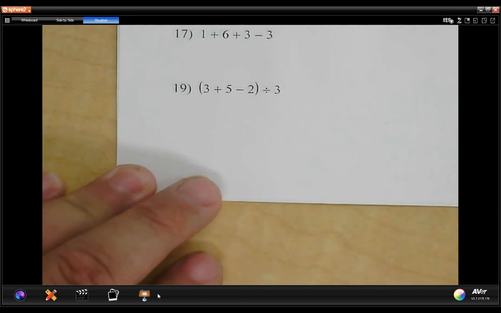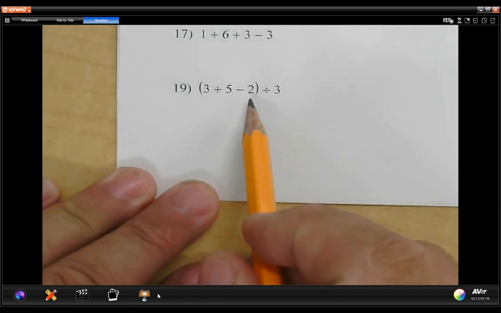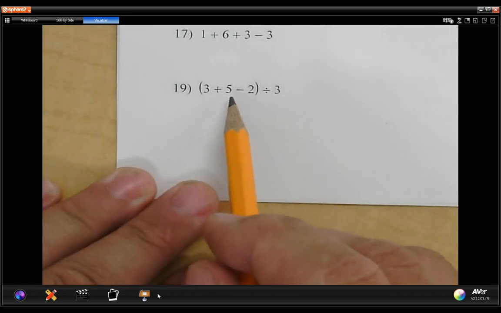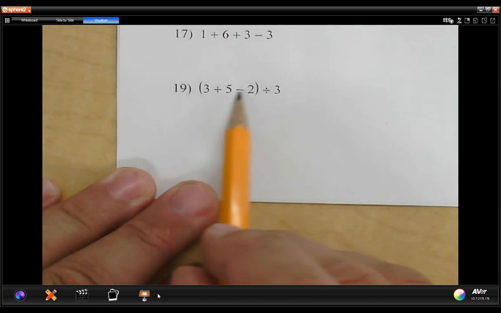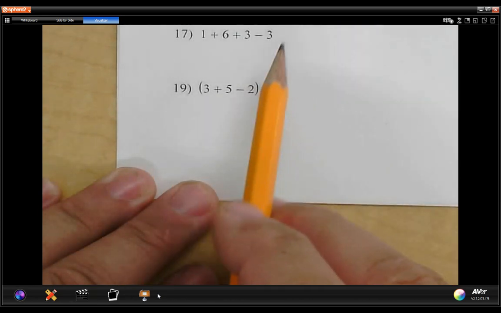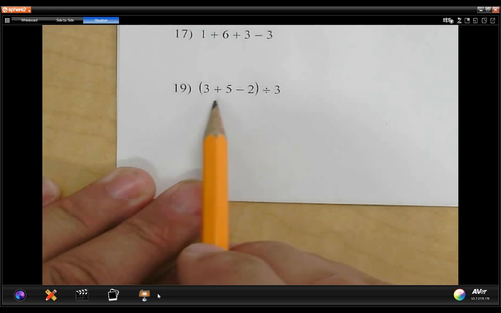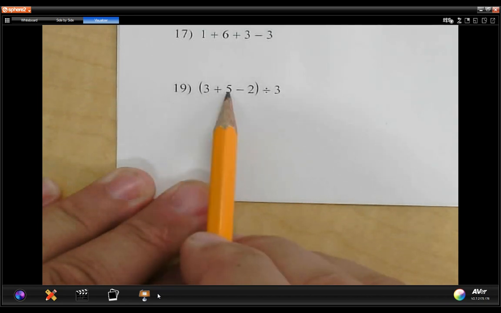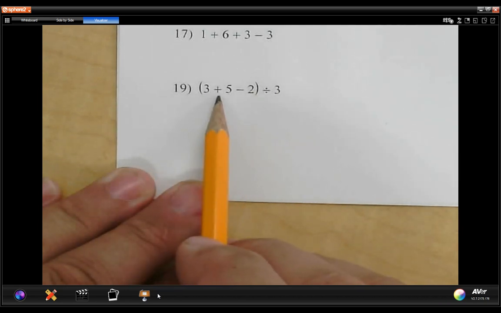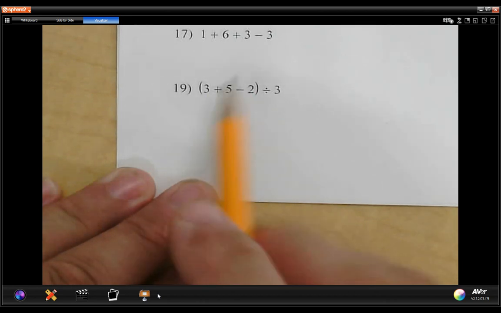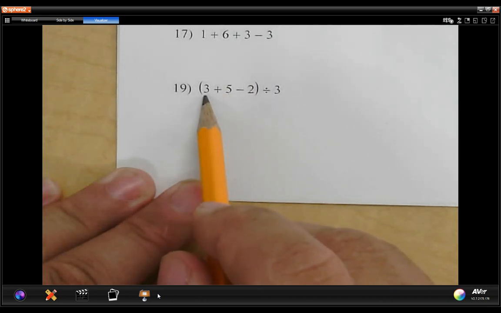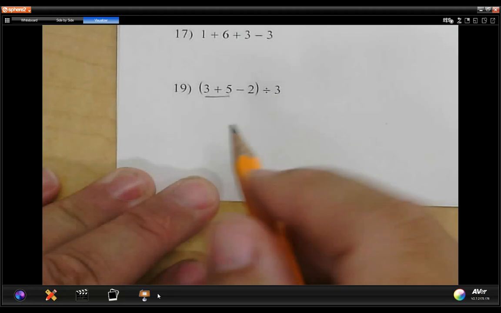Here we have all of this stuff in parentheses, okay? So I know I need to start with parentheses, but again, I'm looking from left to right, and I see if I have any multiplication or division or any addition or subtraction. You notice right here I have addition, no multiplication or division yet inside these parentheses. So I want to do this part first, 3 plus 5, which would equal 8.